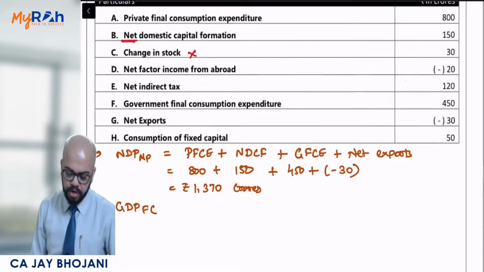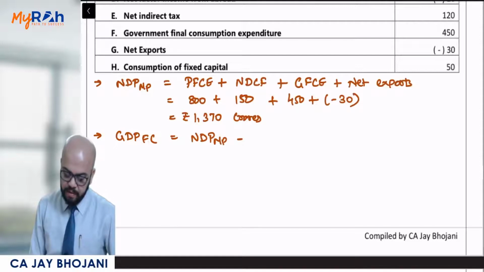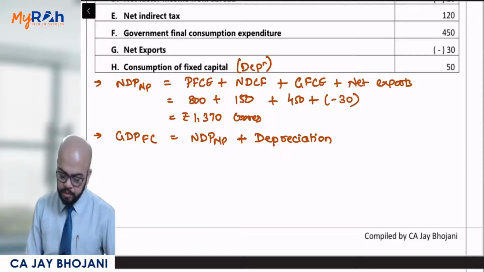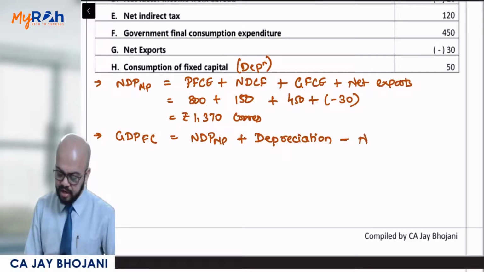Then I'm going to convert this to GDPFC. This is what I want, right? GDPFC. So how do I do that? NDPMP plus depreciation. Consumption of fixed capital is nothing but depreciation, right? So you can write it for your reference here. It is depreciation. So plus depreciation, and from market price I am trying to find out factor cost, so minus net indirect taxes.